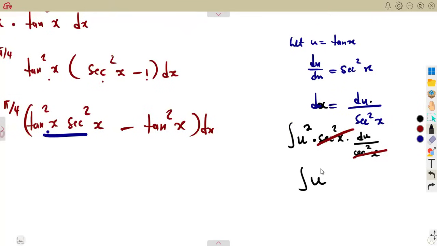We have got u to the exponent of 2 with respect to u. So let's integrate: u to the exponent of 3 over 3. We can substitute our u there, which is tan x. So this is going to be tan to the exponent of 3 x, everything over 3.